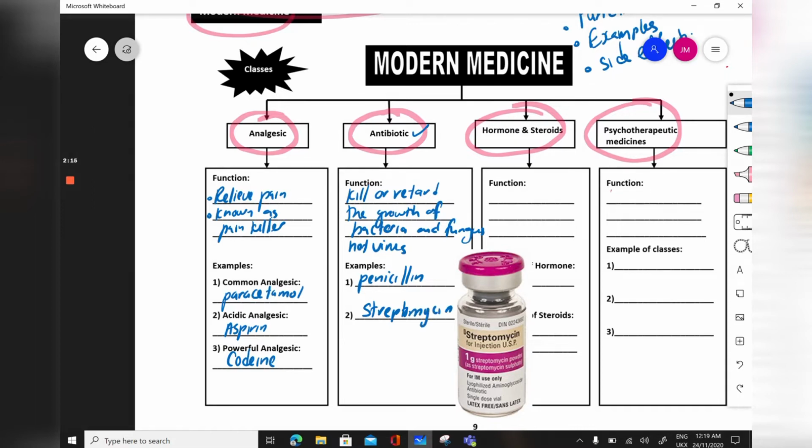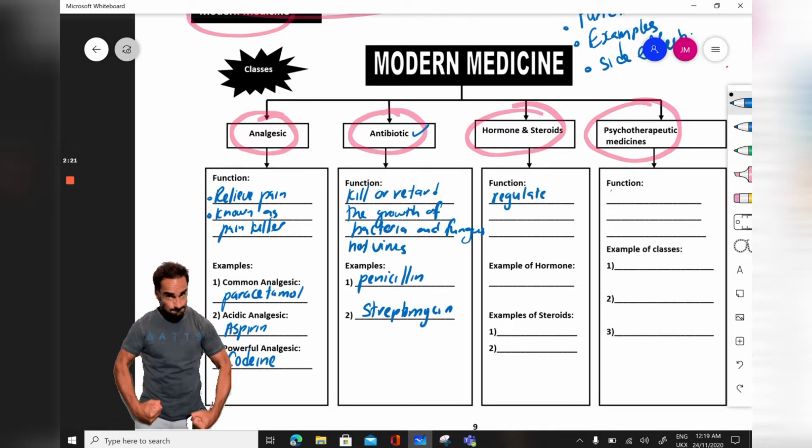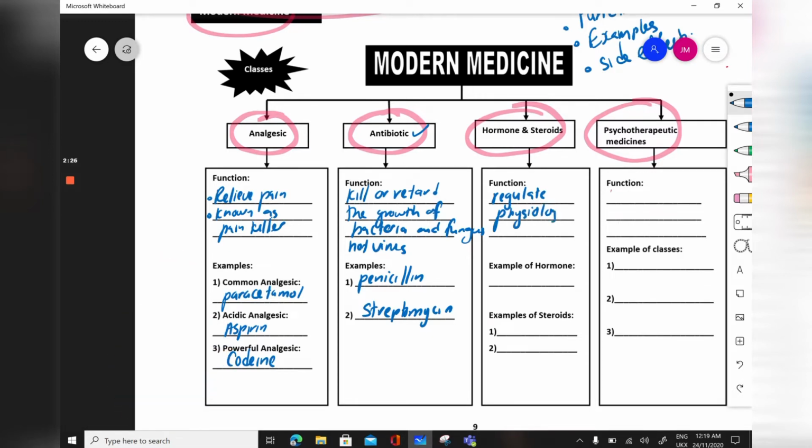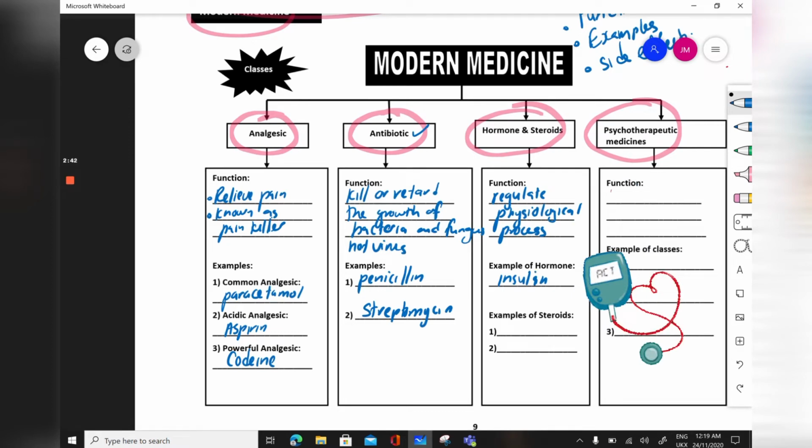Okay, I'll move on to the third class of modern medicine. Hormone and steroid are used to regulate physiological processes in our body. The hormone synthesized by the cells in the pancreas is known as insulin, and this insulin is used to regulate or control the sugar level in the body and to treat diabetes mellitus patients.